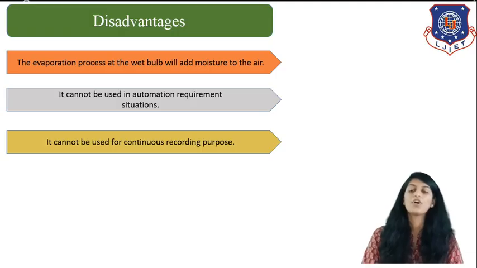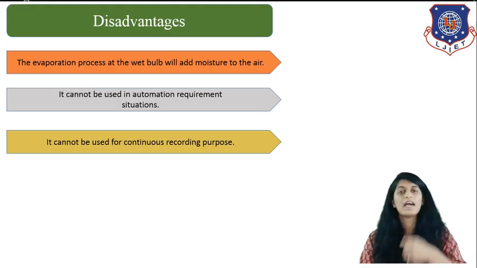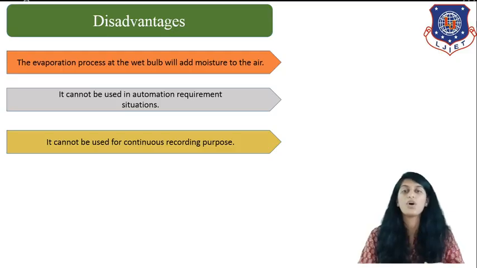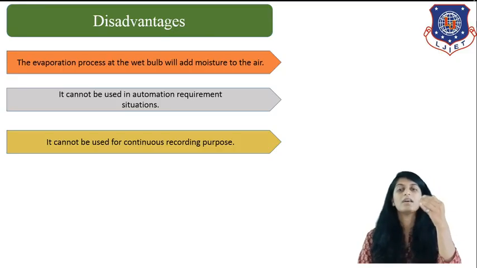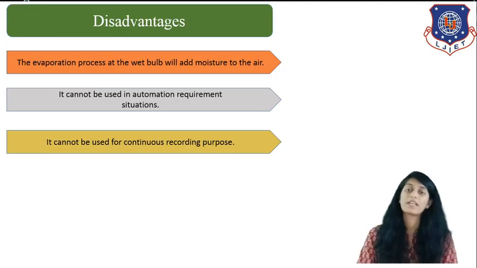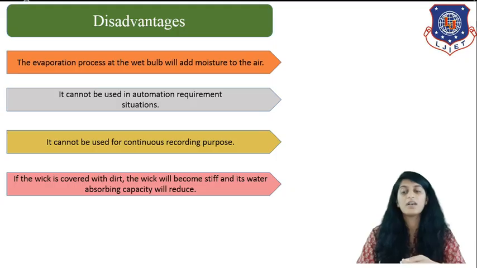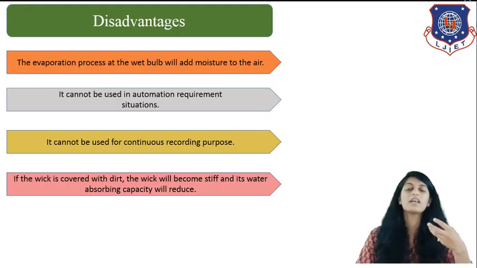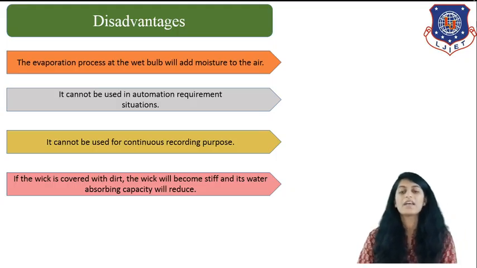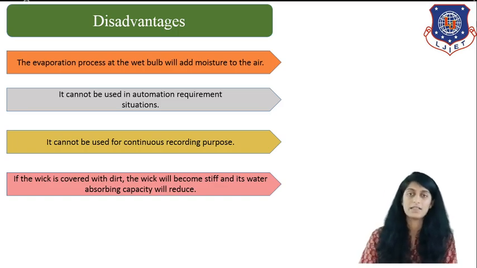Next, it cannot be used for continuous recording purposes. Whenever we need an assembly where we need to continuously record readings in definite time intervals, we cannot use this equipment. And the last one is, if any kind of dirt has covered the wick of the wet bulb, then there will be misleading results. Correct. So, these are the disadvantages of psychrometer.